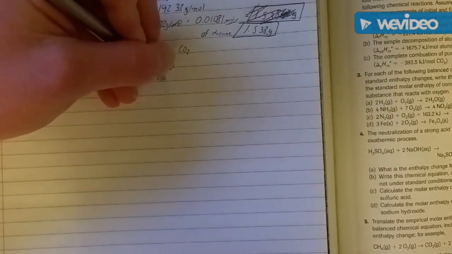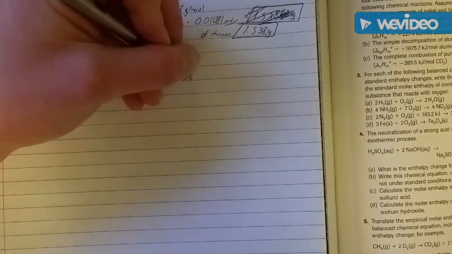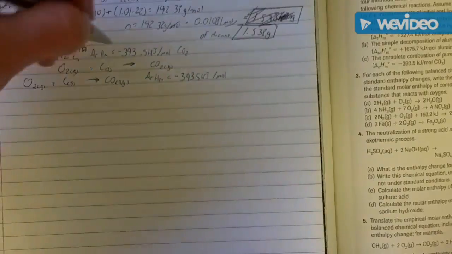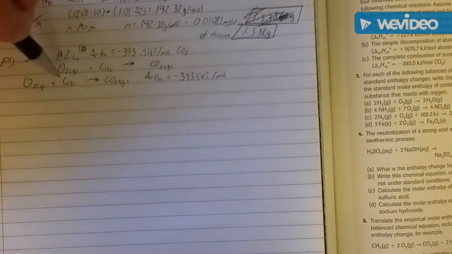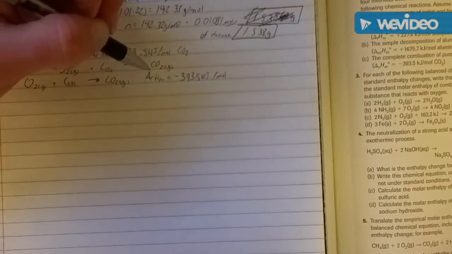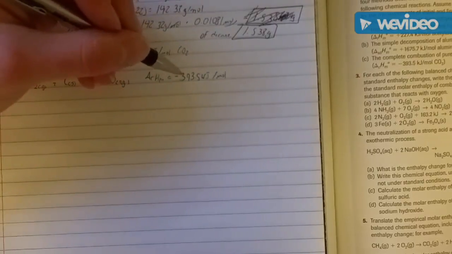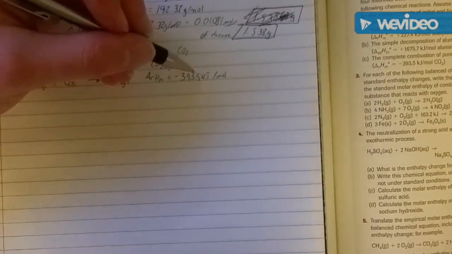All we'd have to do is write O2 gas plus C solid to form CO2 gas, and then off to the side write ΔcHm equal to negative 393.5 kilojoules per mole. What it's saying is that in this reaction, 1 mole of product is equal to negative 393.5 kilojoules.